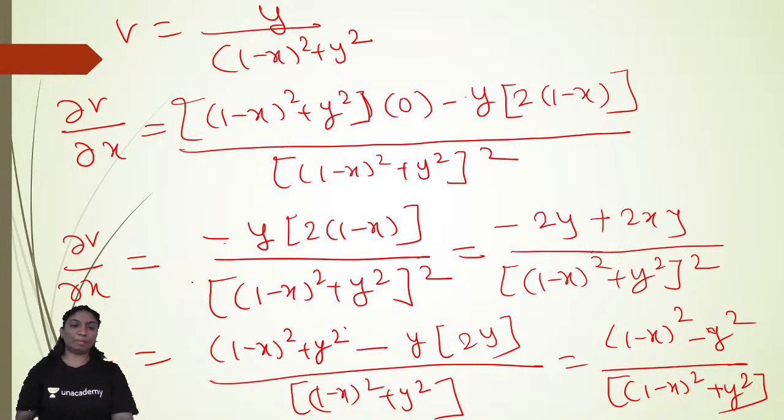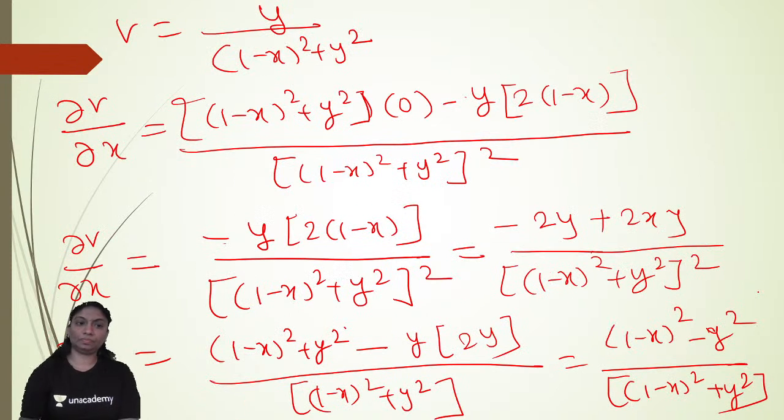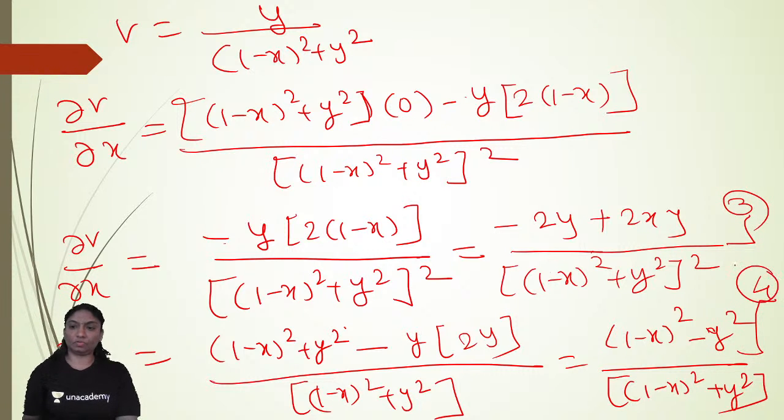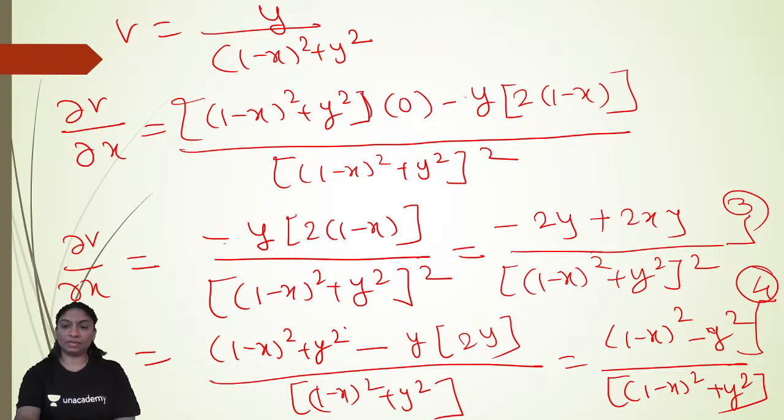If you observe, ∂u/∂x is equal to ∂v/∂y. Equation number 1, equation number 2, equation number 3, equation number 4. If you observe equations 1 and 4, they are the same.